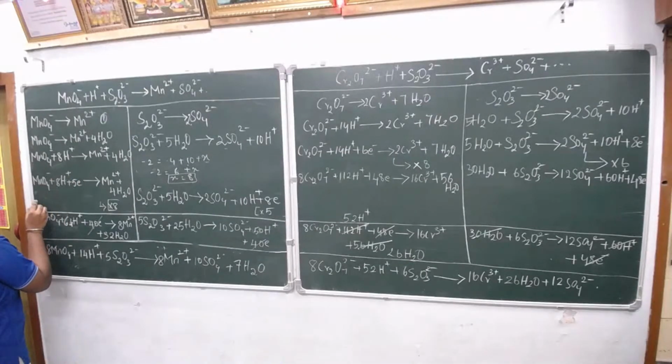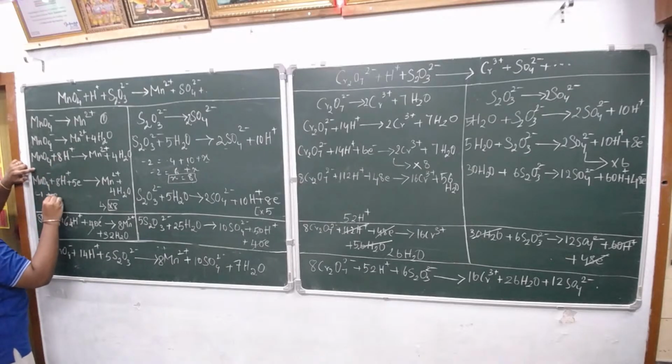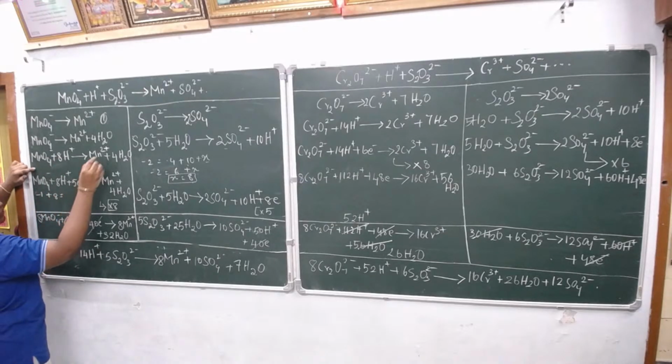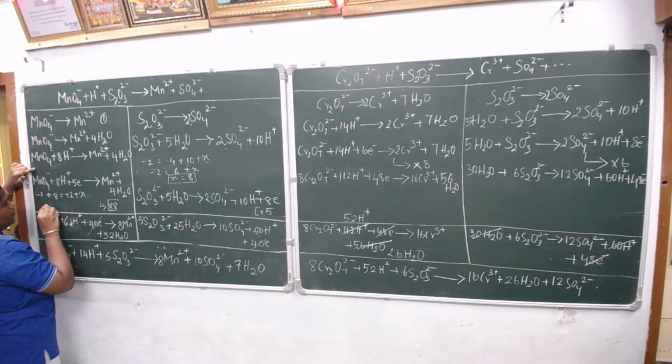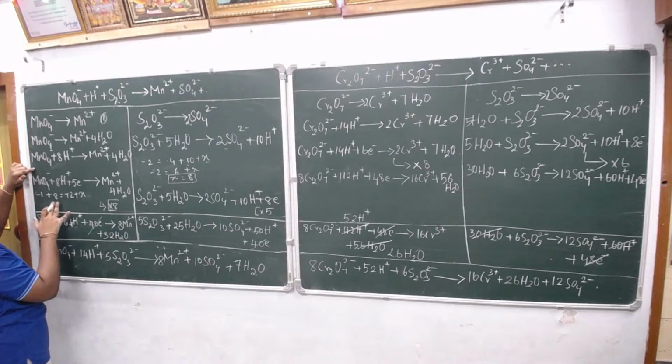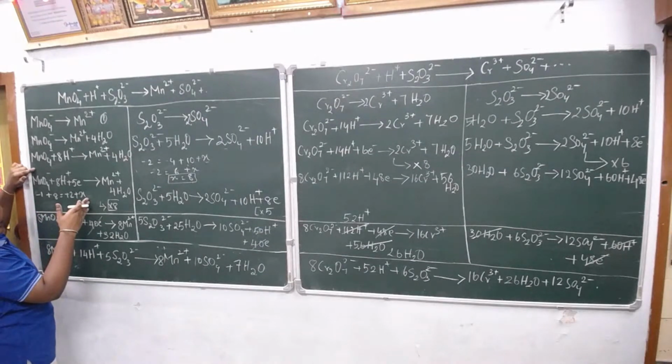For this MnO4, the charge is -1 plus 8H plus, which is equal to plus 2 plus X. Now, X should be added on the left side or right side? Left side. You have added on the right side.